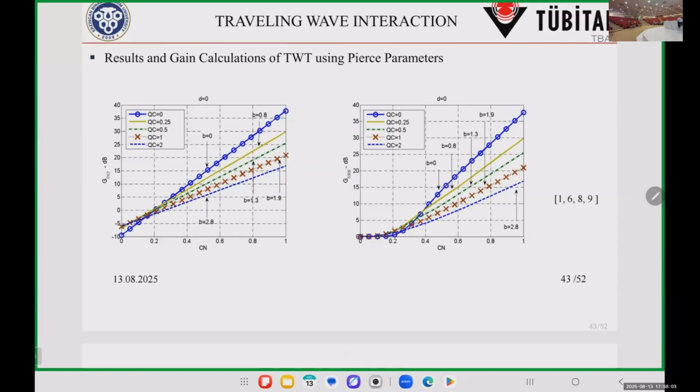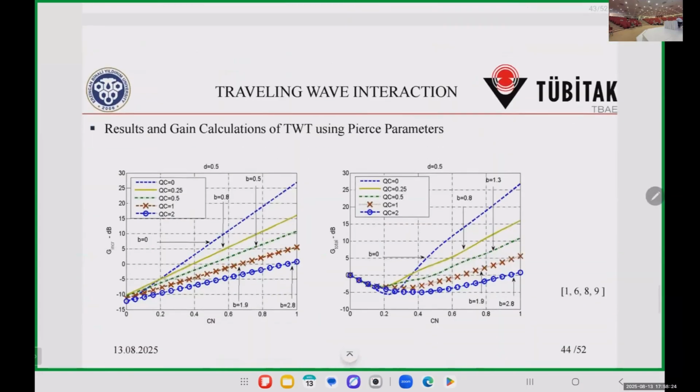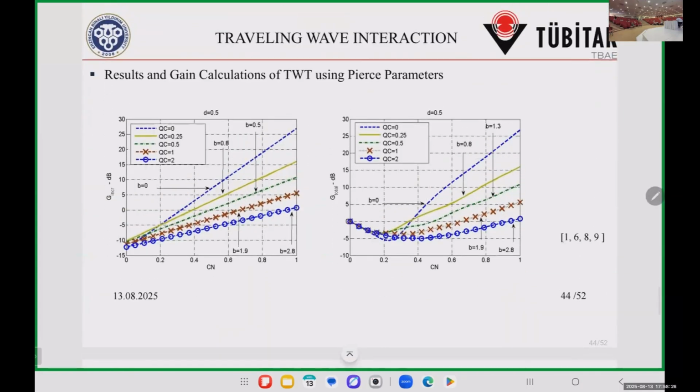If we take into account all waves, beta 1, beta 2, beta 3, then we can obtain gain here for different values of space charge parameter, circuit loss, and velocity parameter. So we can obtain these graphics here.